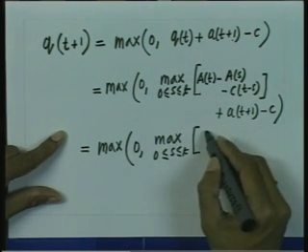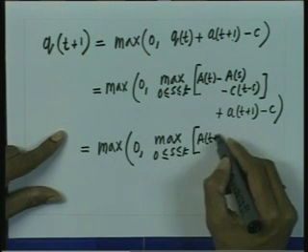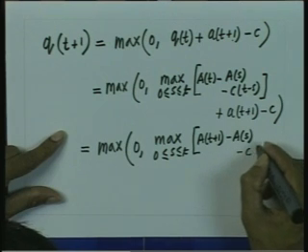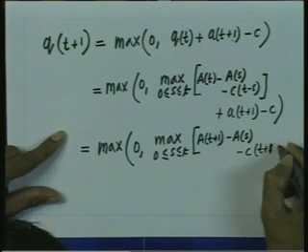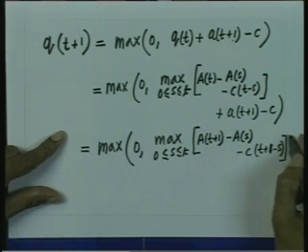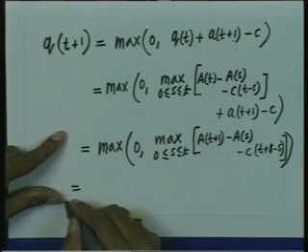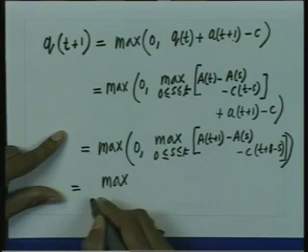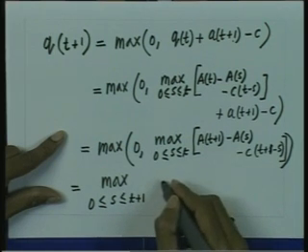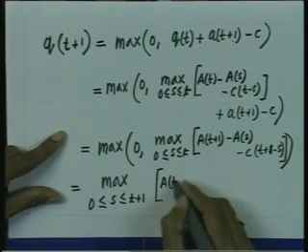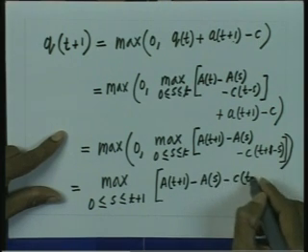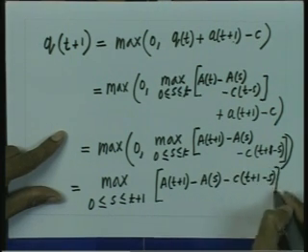So, if I take that inside, then this will be a_{t+1} minus a_s minus c into (t + 1 minus s), and this again I can write to be (t + 1), a_{t+1} minus a_s minus c into (t + 1 minus s).